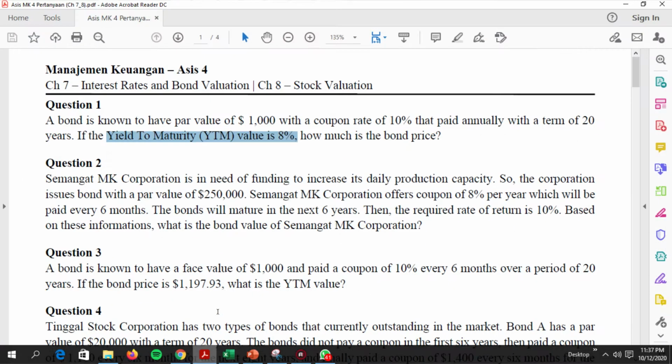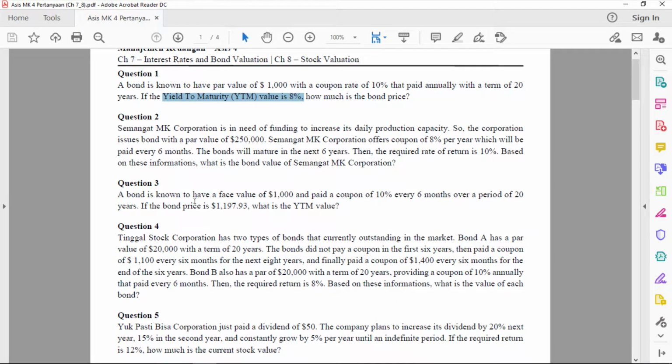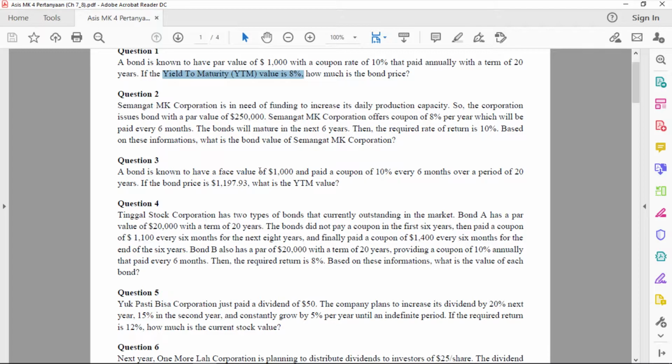The second question: Smart MK Corporation is in need of funding to increase its daily production capacity. So the corporation issues a bond with a par value of $250,000, and the company is going to offer a coupon rate of 8% per year, which will be paid every 6 months.